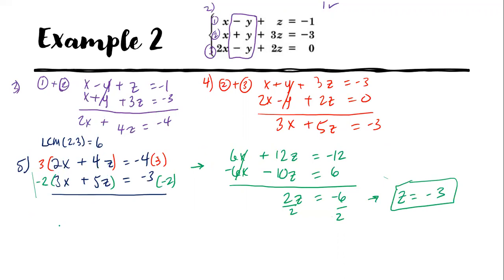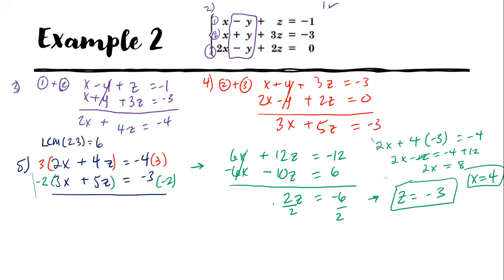So I'm going to go with 2x plus 4z. So 2x plus 4, and instead of z, I'm putting -3 equals -4. So that gives me 2x minus 12 equals -4. Add 12 to both sides, and I get 2x equals 8. So x has to equal 4.